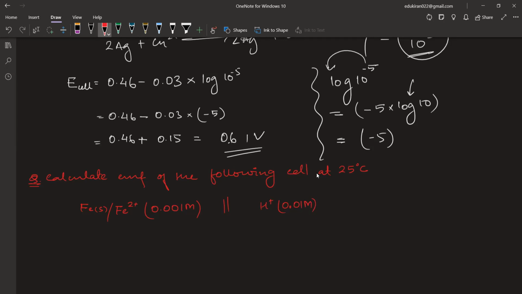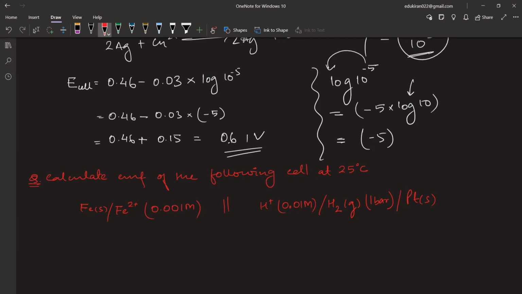Giving you H2 gas, and the pressure of H2 gas is 1 bar. And then we have the platinum solid, that is the inert electrode. So I hope from this you can easily write the complete chemical equation from anode and cathode, because I have told you how to do it. क्या-क्या चीज ignore करना है, and then how you have to write the chemical equation.